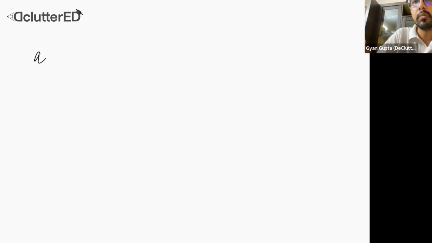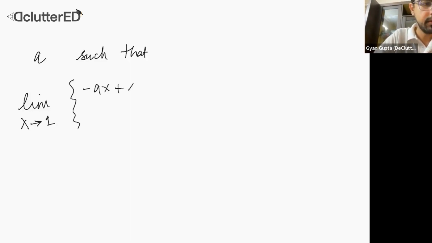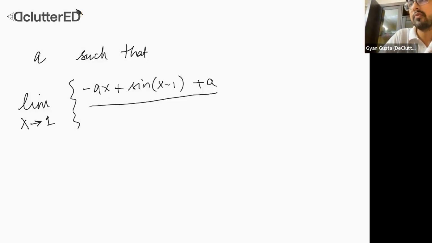The question is that we have to find the largest non-negative value of a such that the limit as x tends to 1 of [-ax + sin(x-1) + a] divided by [x + sin(x-1) - 1], the whole raised to the power (1-x)/(1-√x), is equal to 1/4.